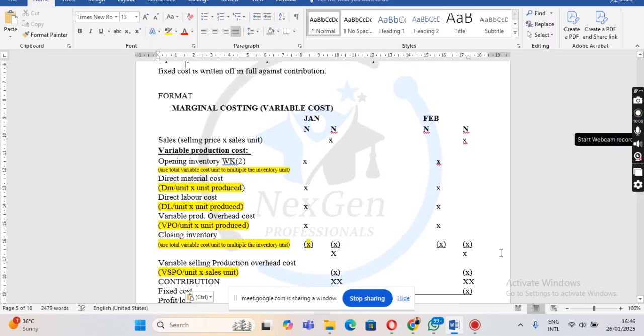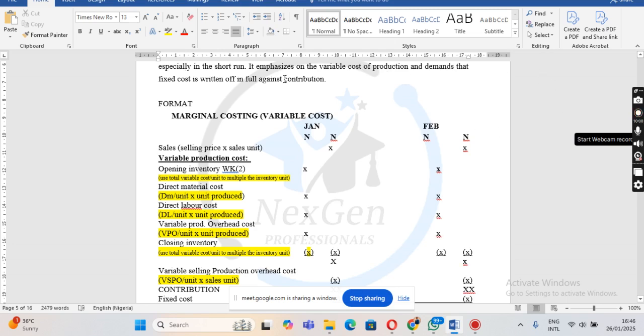So we'll quickly change this to absorption costing, and it is full cost.